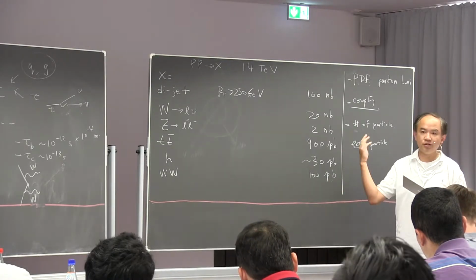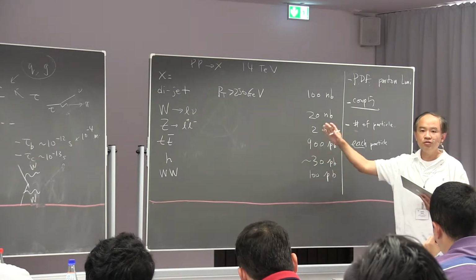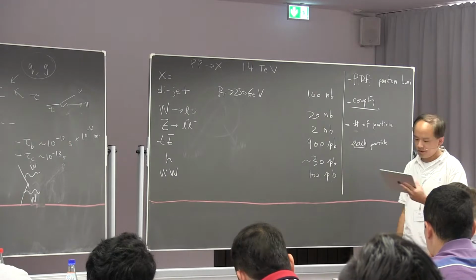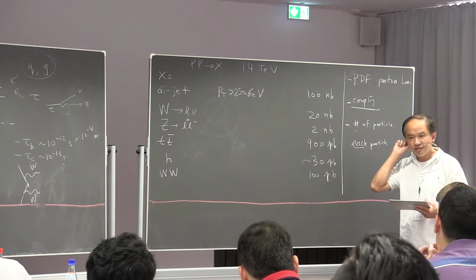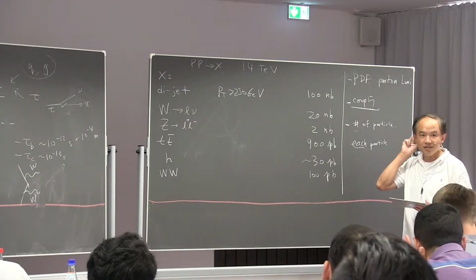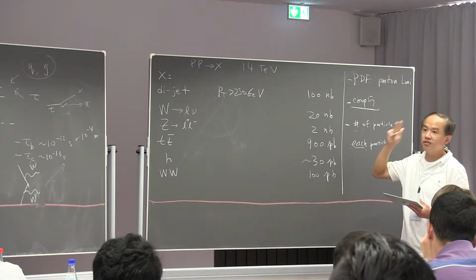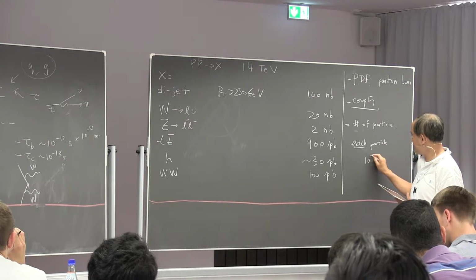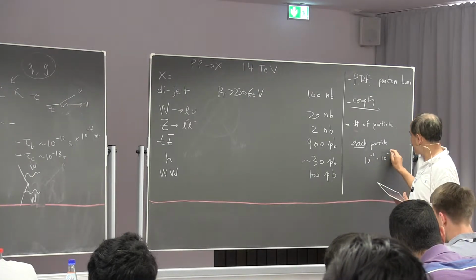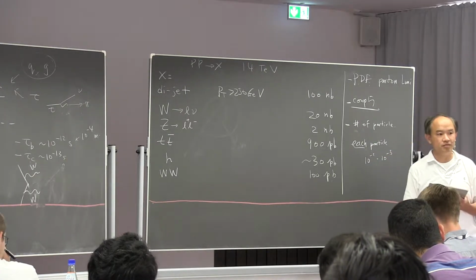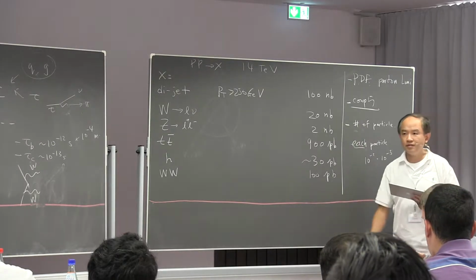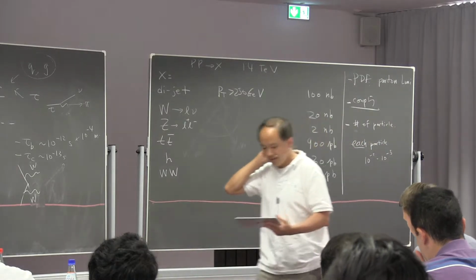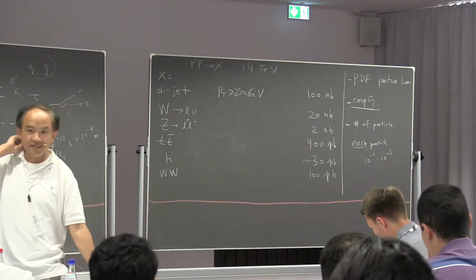This morning, at least, we saw the example of two-body versus three-body. You pay something extra from the phase space, some factors of pi and so on, and the three-body opens up slower than the two-body. But roughly speaking, you pay a factor of 10 to the minus 2 to 10 to the minus 3 by adding one more particle. So based on this, let's see whether we can understand some of these.